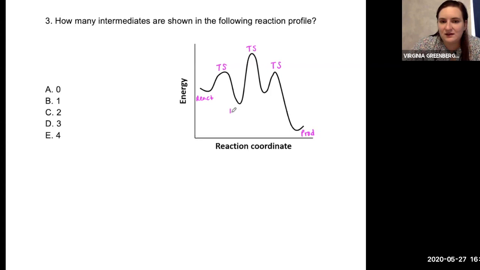And then in these valleys, we have the intermediates. The intermediates are real molecules that we make along the way. We make them and then use them up in a later step. So we'll see here that we have 2 intermediates. Those are just the valleys in between our 3 steps.